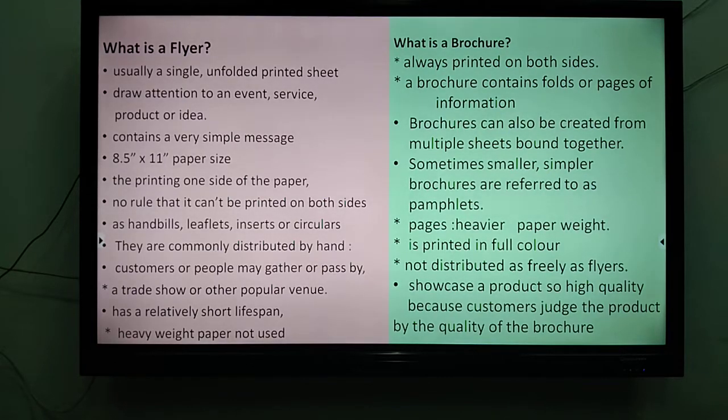It contains a very simple message, and it has a paper size of 8.5 inches by 11 inches. The printing is on one side of the paper, but there is no specific rule. It can be printed on both sides as well. It is also known as a handbill, leaflet, insert or circular.